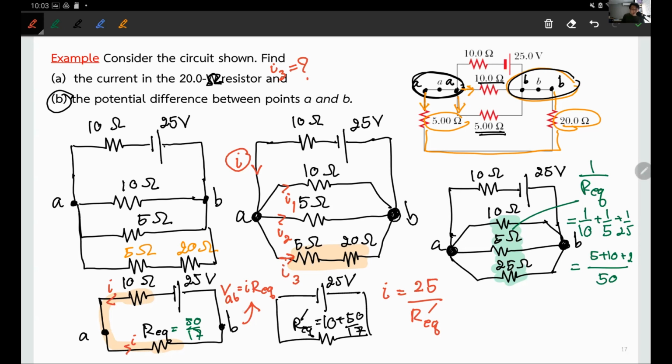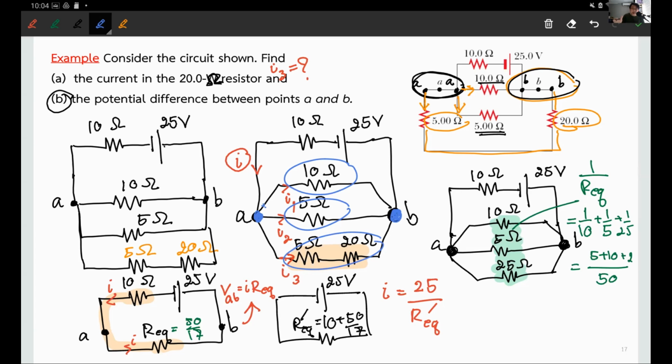So why do I say it seems better to figure out V between A and B first? Because once you know the potential across A and B, voila, you can use that to calculate what is going on in the top wire, the middle wire, or the bottom wire separately.